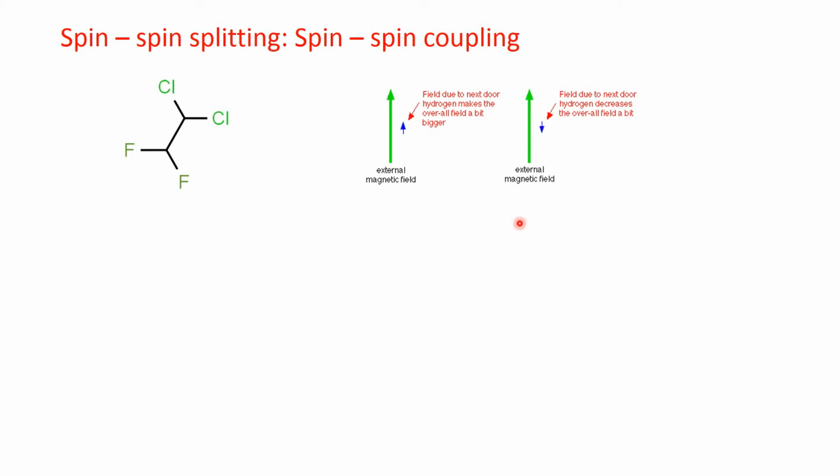Otherwise, the neighboring proton's magnetic field may oppose the applied magnetic field. In that case, the field strength is decreased, so it will absorb at higher field, or upfield.